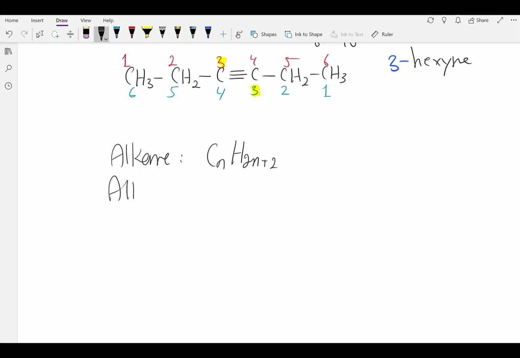For the alkenes, the relationship is CnH2n, and for alkyne, the relationship is CnH2n-2. So if a molecular formula for a hydrocarbon is given to you, by looking at the relationship between the carbon and hydrogen, you must be able to identify which group of hydrocarbons that compound belongs to.